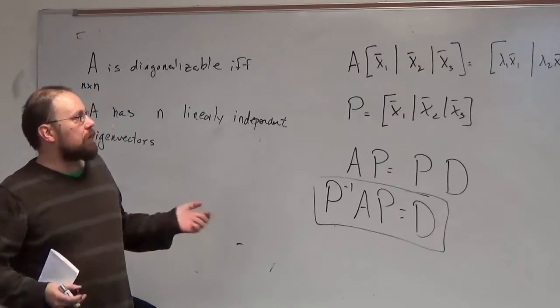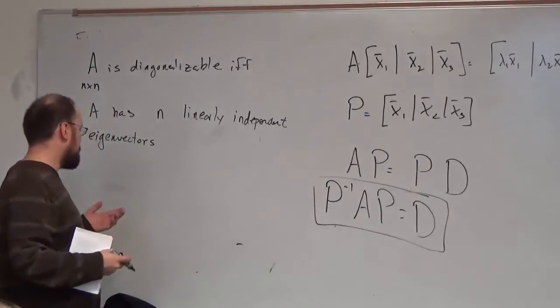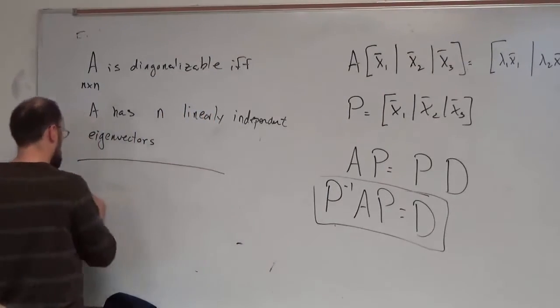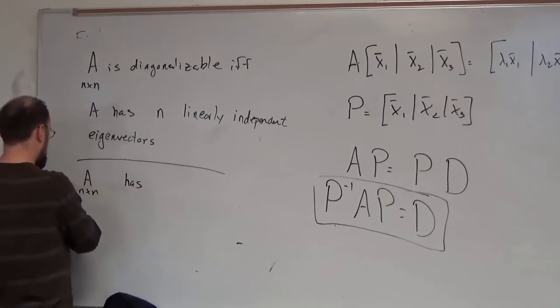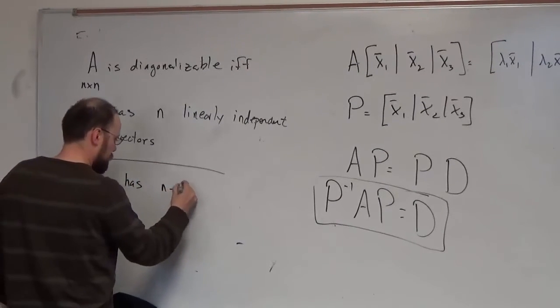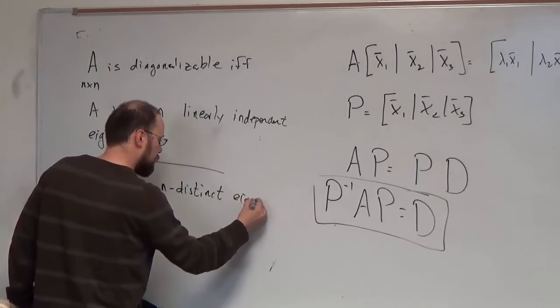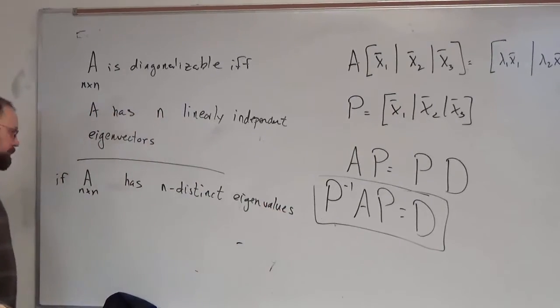So if you have an n by n matrix, and it has n distinct eigenvalues, how many linearly independent eigenvectors does it have?